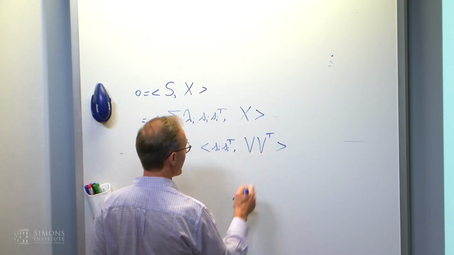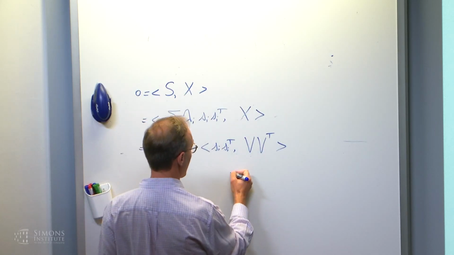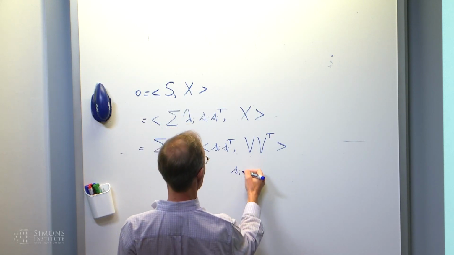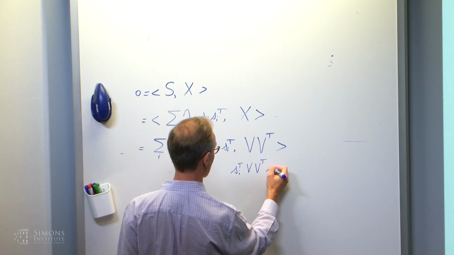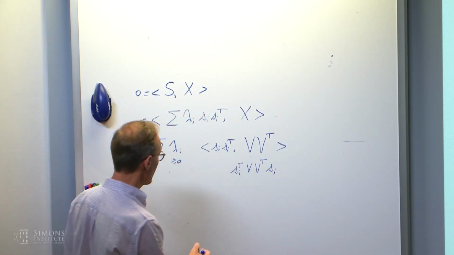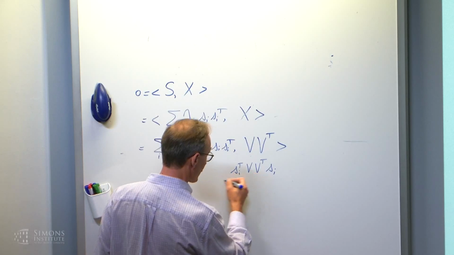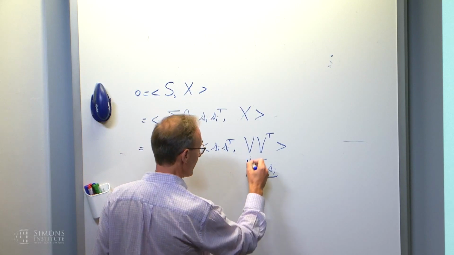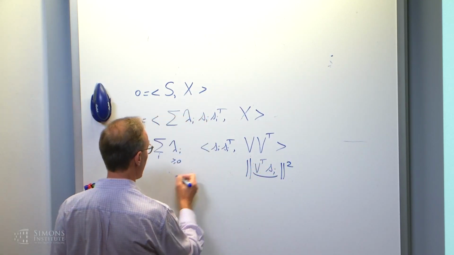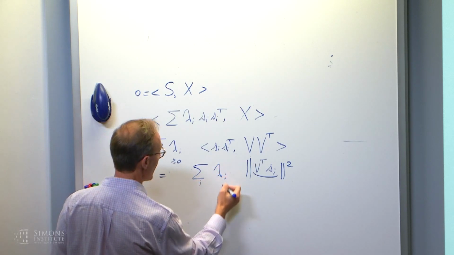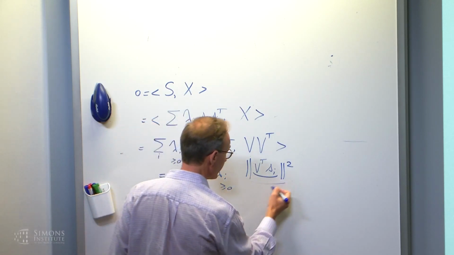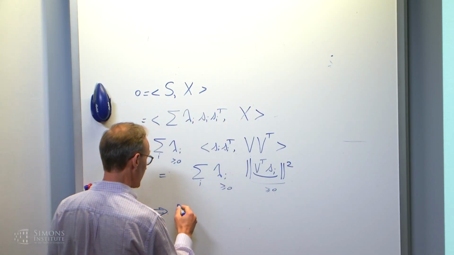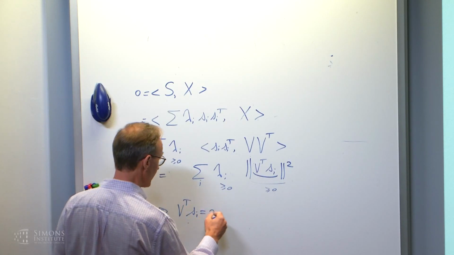So this is the same thing as si transpose v, v transpose si, which is the square of this quantity. So I get that this is equal to the sum over i of lambda i times that squared. But this is non-negative and this is non-negative, so all of them have to be 0. That means in particular that v transpose si is equal to 0 for every i.